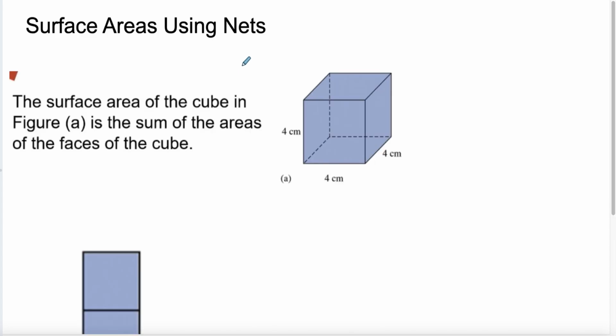So let's start with a cube. What is a cube? A cube has 6 faces, and all 6 faces have the shape of a square. If you are looking at this box, for example, you can see that this is a square with 4 centimeters on each side. And same for this one.